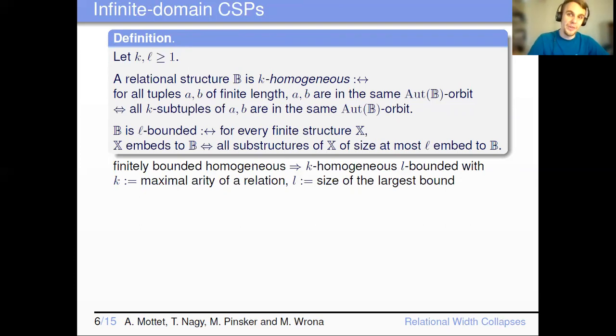So we need to find some less general class of structures that we want to look at, and this will be so-called finitely bounded homogeneous structures, or rather K-homogeneous L-bounded structures.